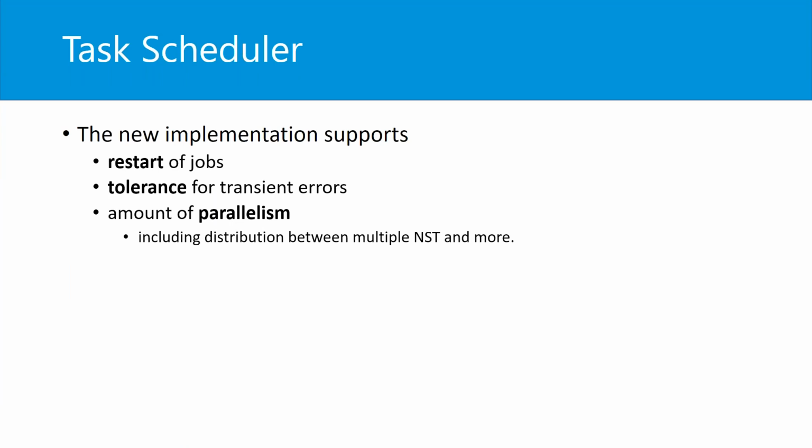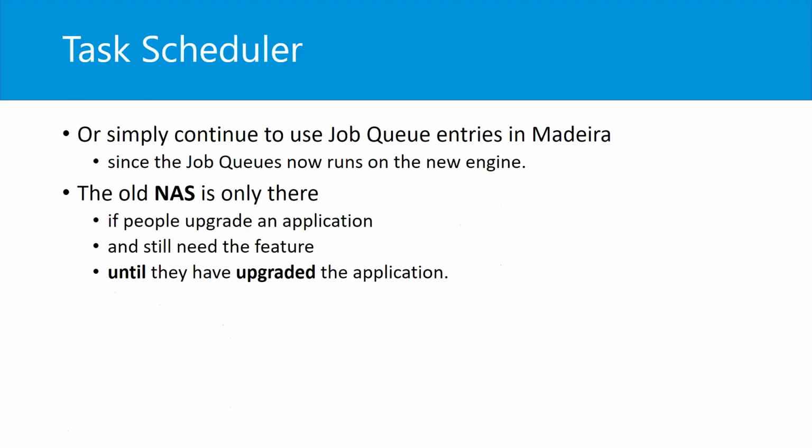There is a tolerance for certain types of errors, and very interesting, you can execute multiple tasks at the same time. There is some kind of parallelism implemented, and you can distribute the load between multiple service tiers, and some tasks will be picked up automatically.